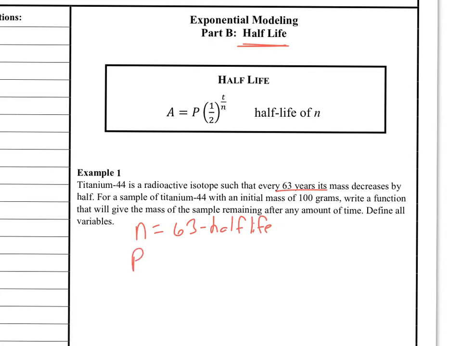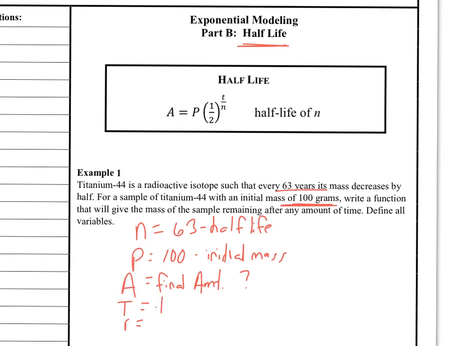All right, so we need to label P, A, T, and the rate. What is P? P is the initial amount. So what is the initial amount in this particular problem? Initial mass of 100, it says right there. So 100 grams is the initial. The A is your final amount, and that's what we're looking for, so a little question mark there.